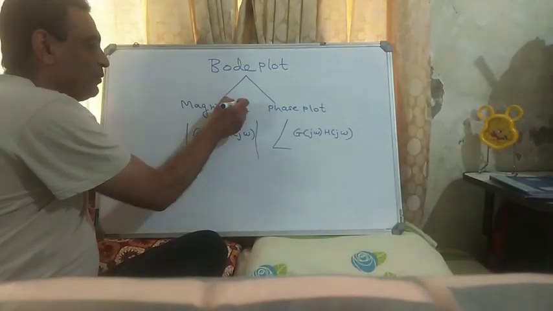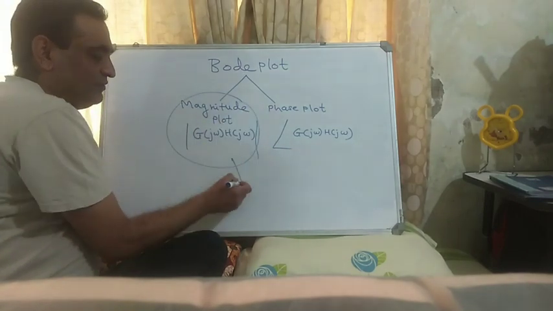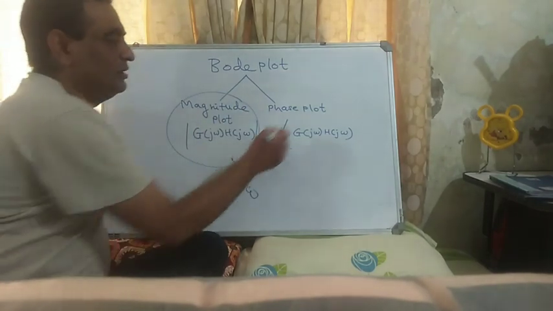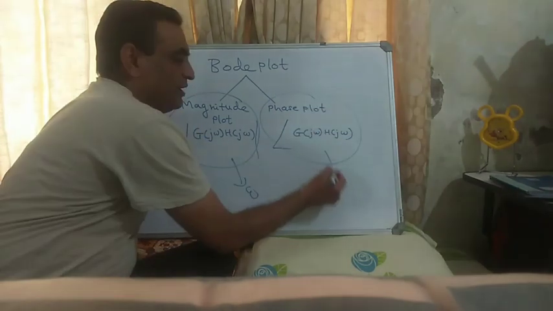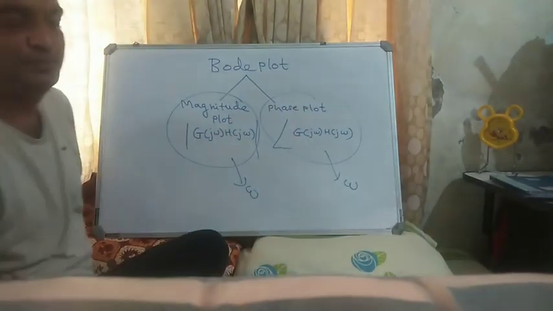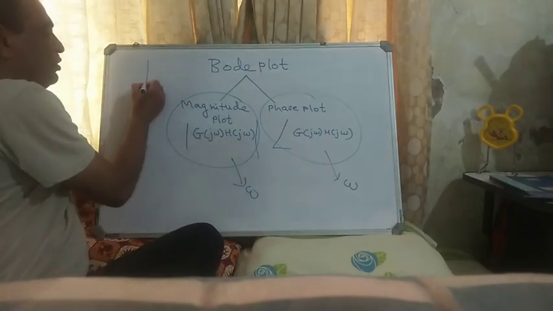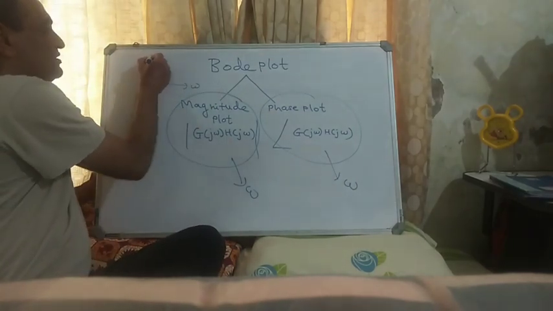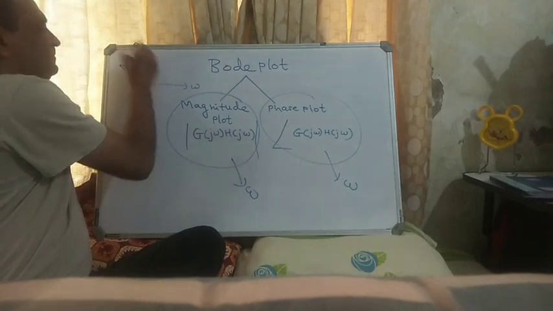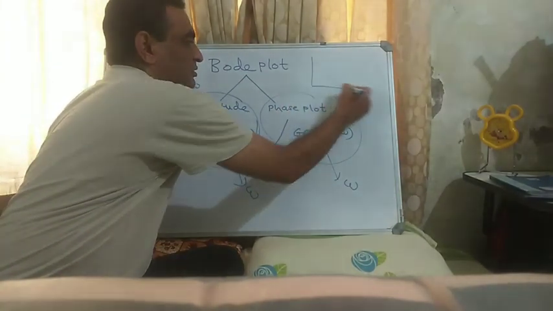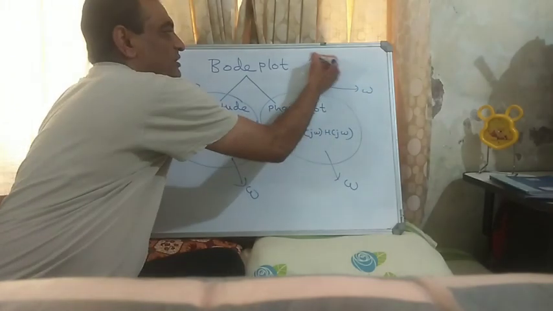We know that the magnitude varies with respect to ω. The phase is also varying with respect to ω. It means that in a magnitude plot, the plot would be ω versus magnitude, and in the phase plot, the plot would be ω versus phase.